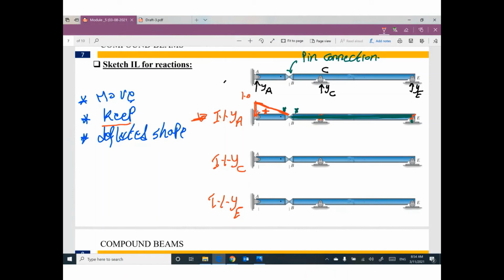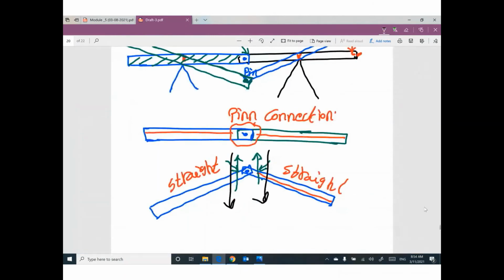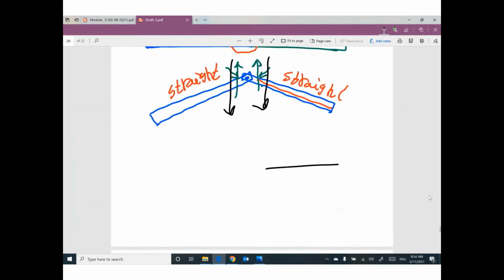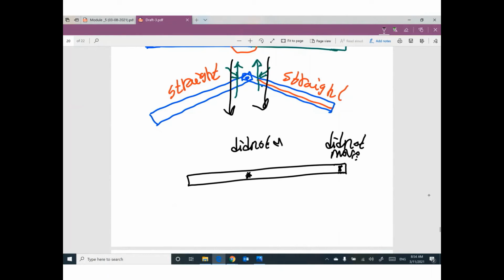You are lucky. If you have a piece of wood or stick, this point did not move. This point did not move. That means the whole member will not move.